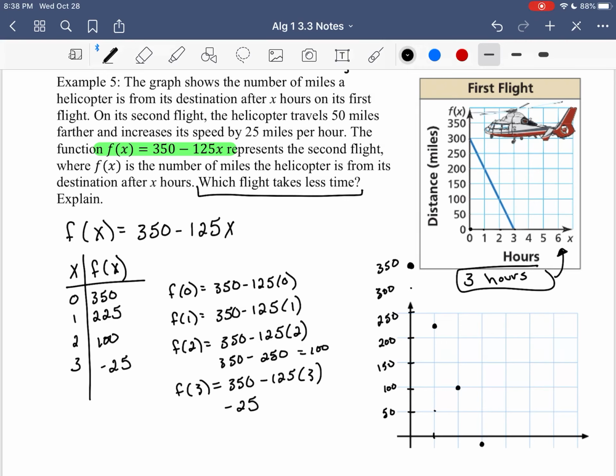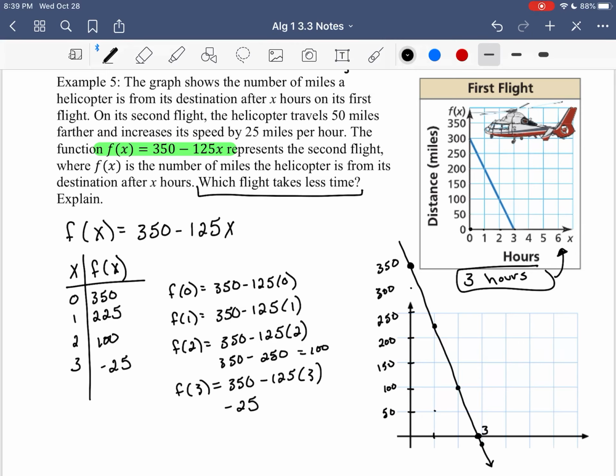Okay, so if we go ahead and connect the dots here, at some point before 3 hours, because this is 3 hours right here, we reached 0, which means that we are 0 miles from our destination, which means we're at our destination.